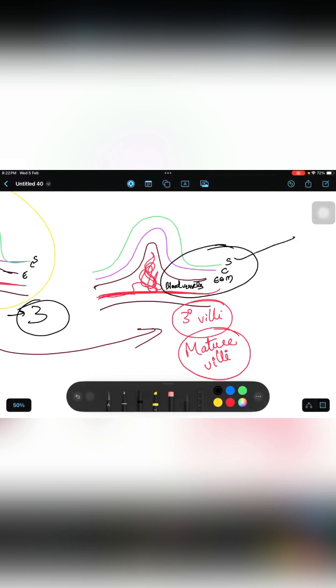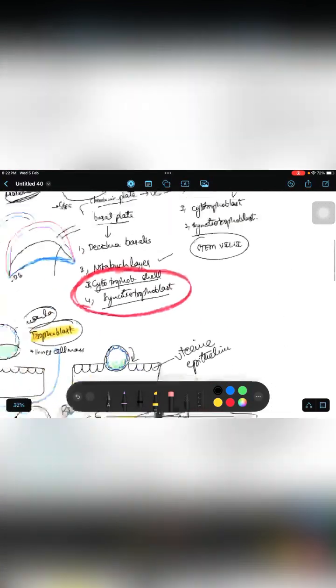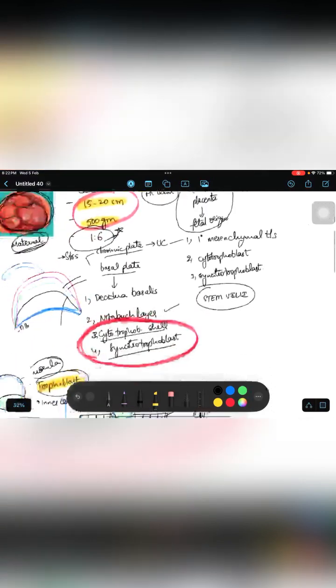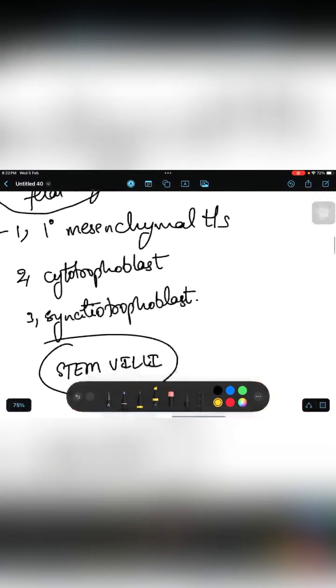Remember these things? We have discussed it somewhere. In the initial few minutes of the class, I told you a very big name, the chorionic plate, which you are afraid of. Now you can see this chorionic plate contains primary mesenchymal tissue, cytotrophoblast, syncytiotrophoblast.